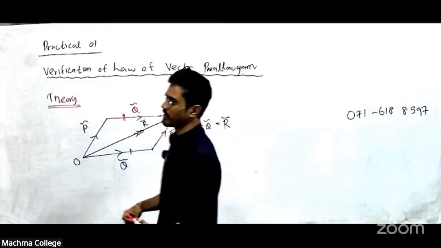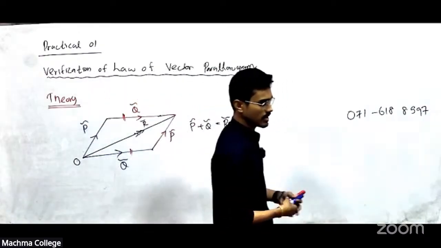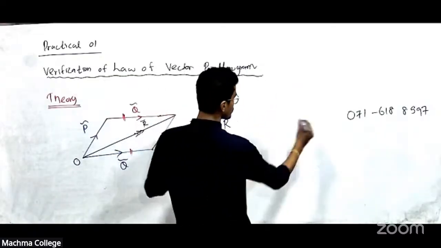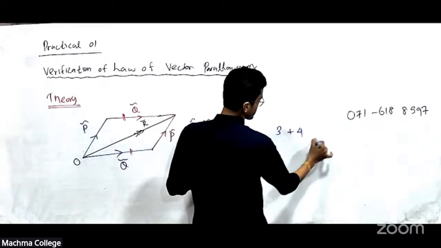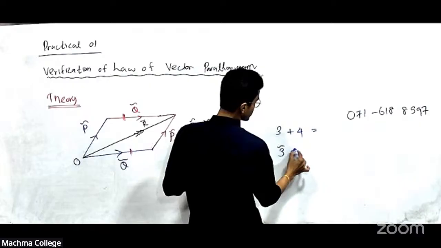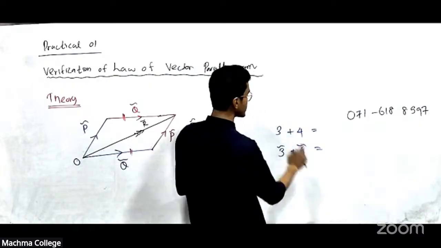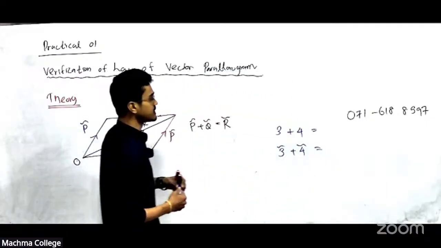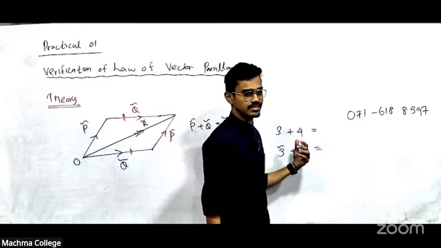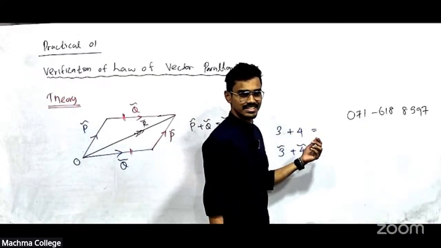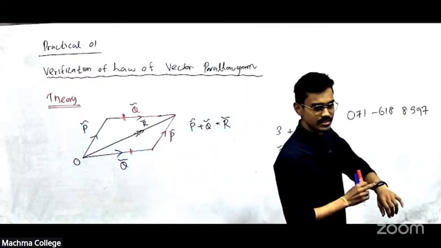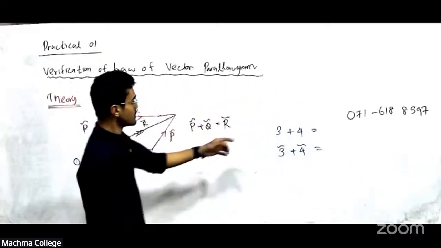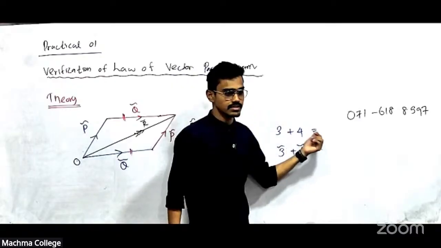And I hope you have an idea that vector addition and numerical addition are two different things. This notation is for vectors. These two are different: 3 plus 4 and vector 3 plus vector 4. What is 3 plus 4? 7.